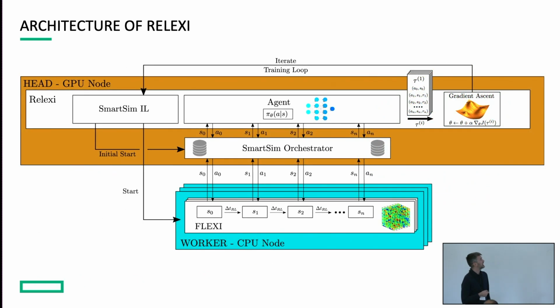So basically, they were using SmartSim and the orchestrator as the centralized authority for the training of the agent, and using Flexi, which is a CFD library, to execute small trajectories of simulation, using the reinforcement learning model to predict the simulation and leaving the agent on the database so that inference could be computed from the database itself on the data produced on the workers.